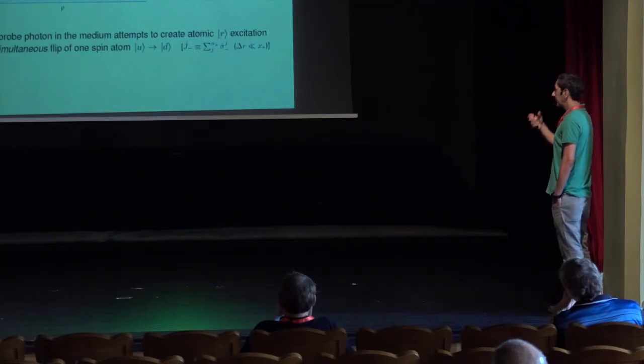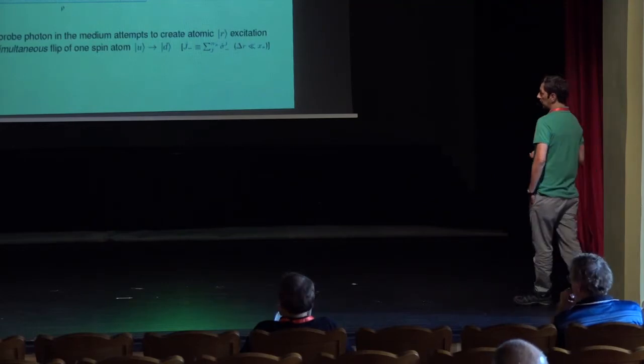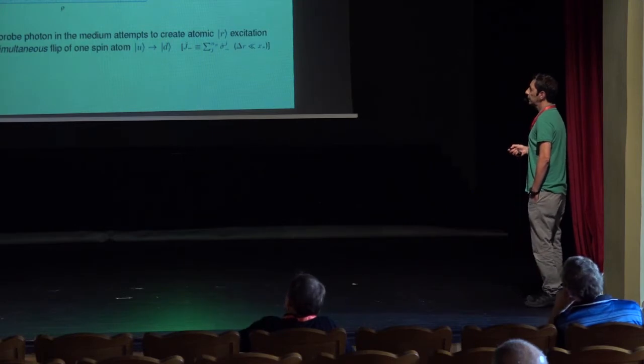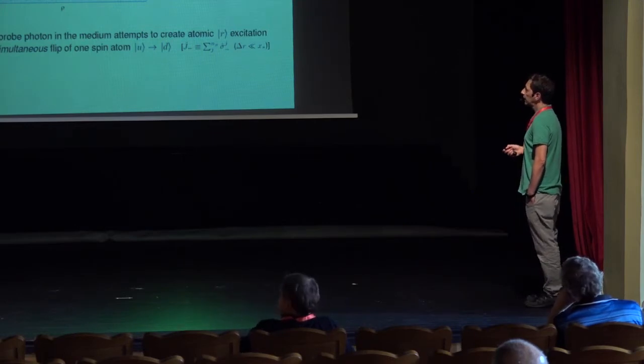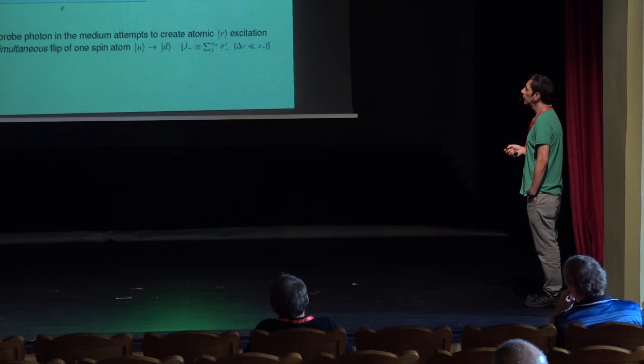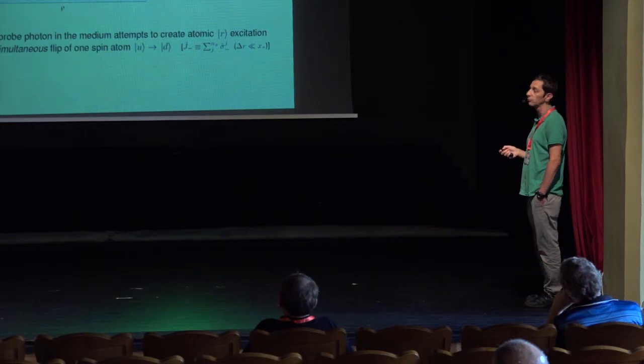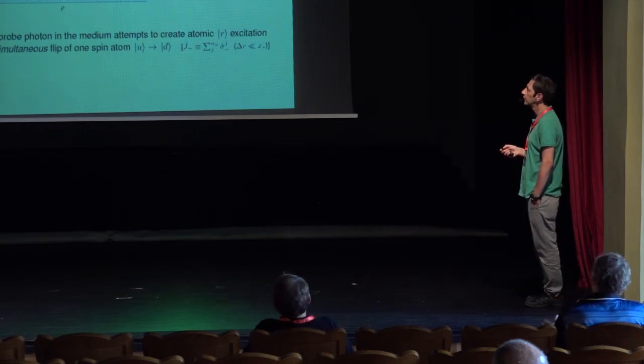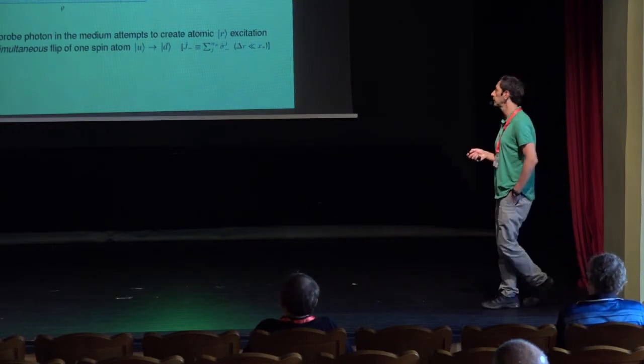And then let's see what happens. So in the usual EIT, every photon that enters the medium and wants to become a dark state polariton has to take one photon from the driving field. Now there is no driving field here, so instead it has to flip the spin atom to go up to the Rydberg state. So that's the idea.